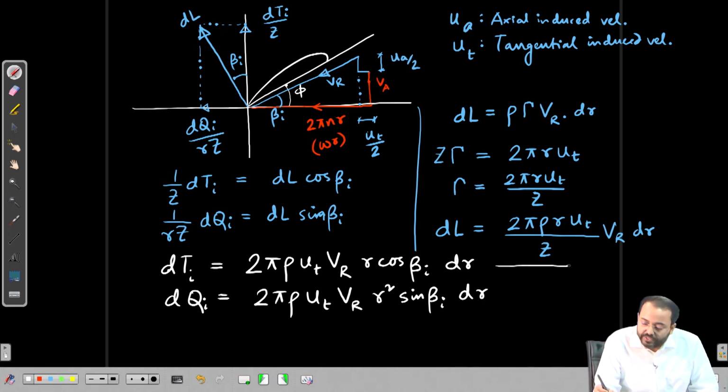These are the equations for the sectional thrust and torque.